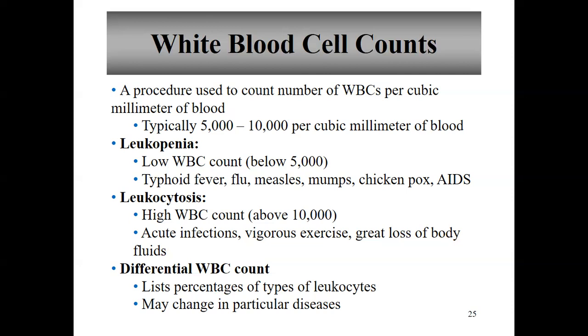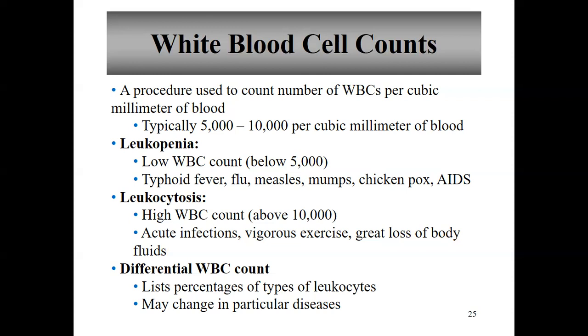It can be vigorous exercise. Think about it this way. When you are exercising, especially vigorously, you are eventually going to start doing anaerobic exercise, meaning you're not going to be able to consume enough oxygen to keep up with the oxygen demand of your cells. So your body will have to go into different forms of producing ATP.